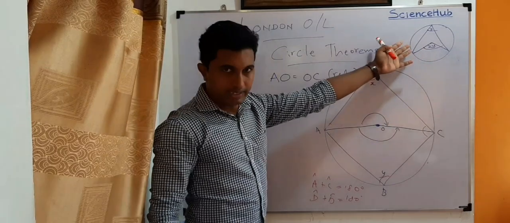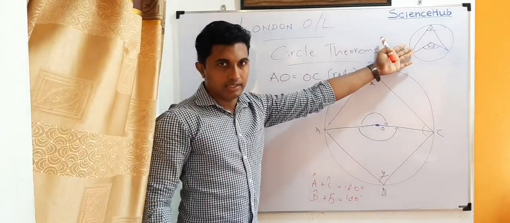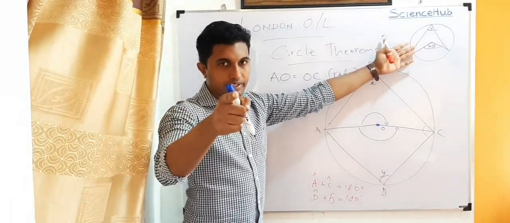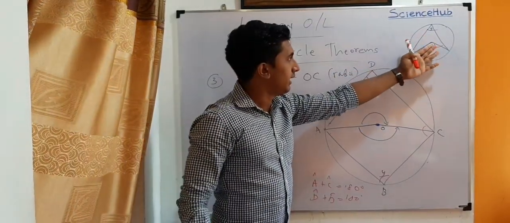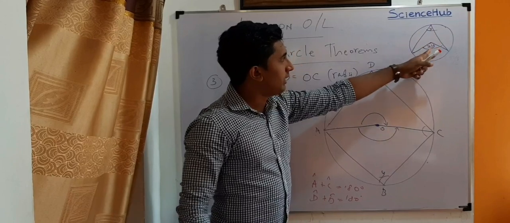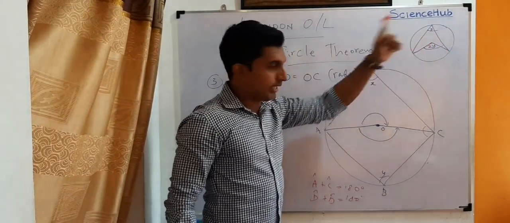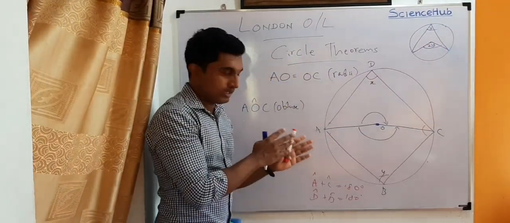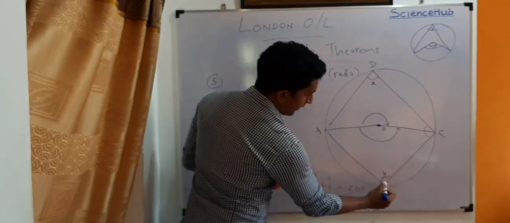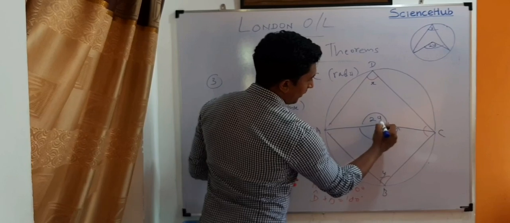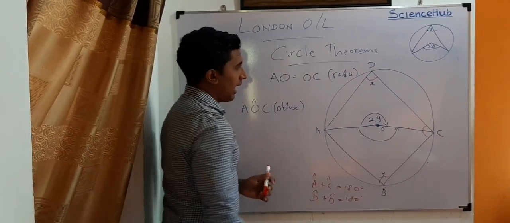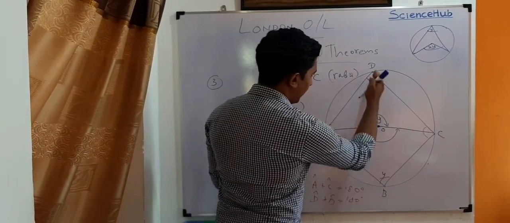This is your first circle theorem; please check my first video for that. If this one is y, then this part should be 2y, according to that theorem. And the same thing applies here.